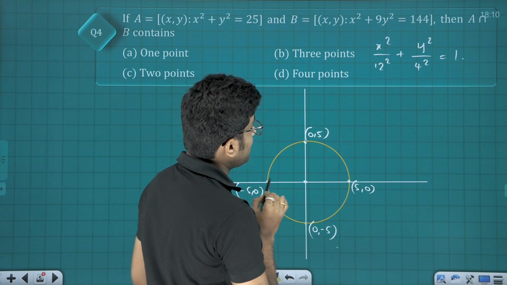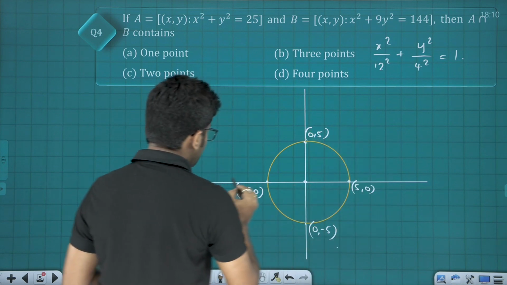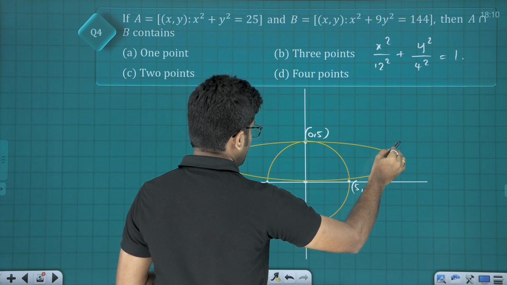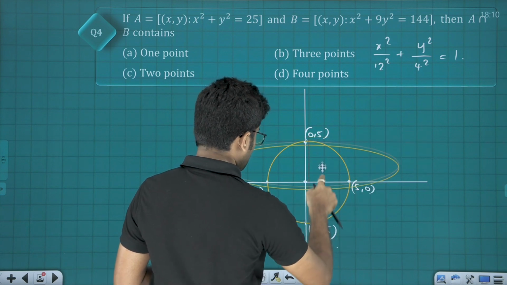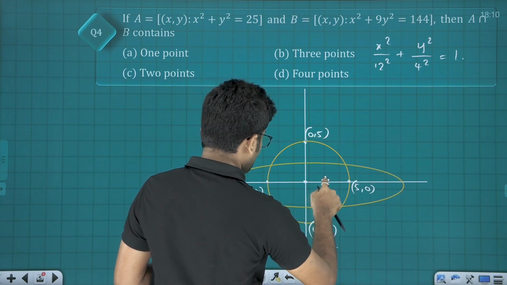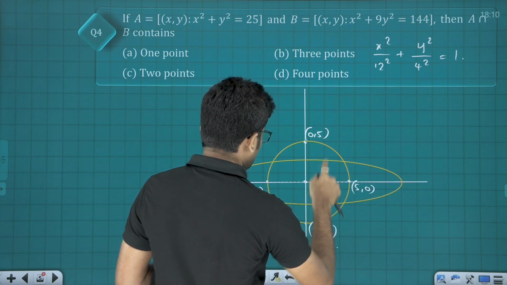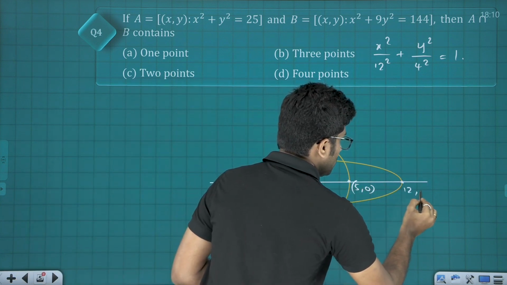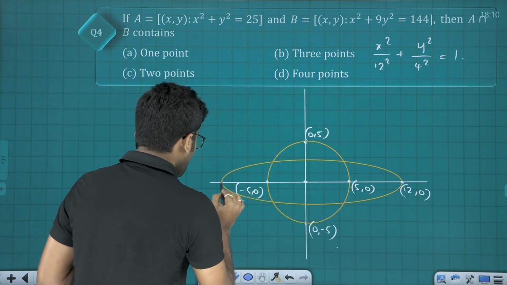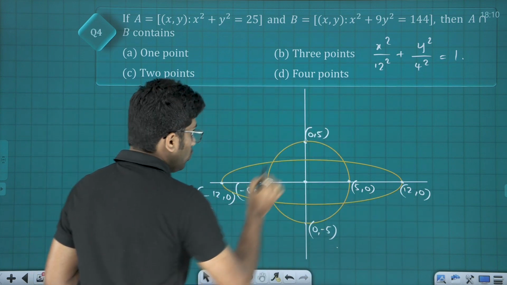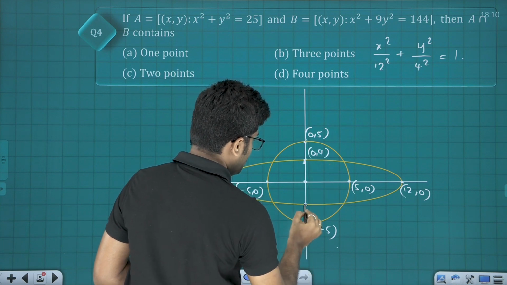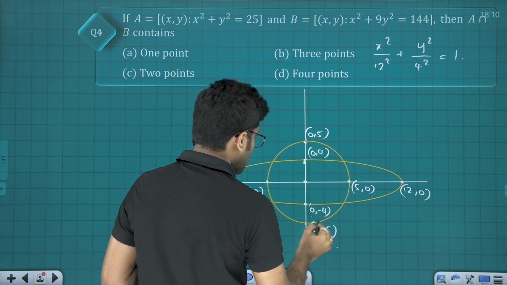That means it intersects the x-axis at (12, 0) and (-12, 0), and the y-axis at (0, 4) and (0, -4).